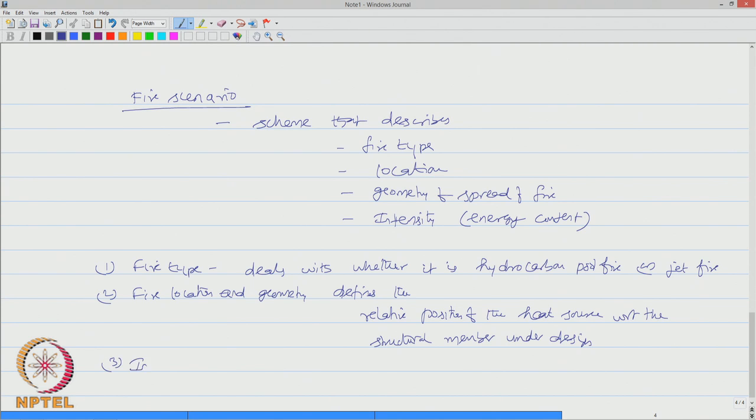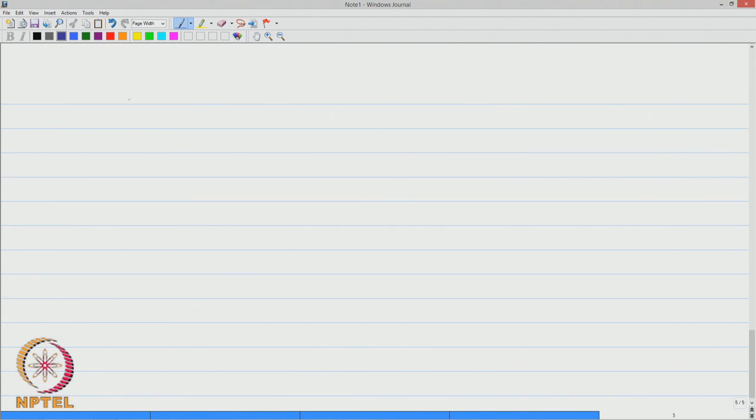Intensity defines the amount of heat emanating from the source. So, fire scenario is helpful to describe the thermal loading component.